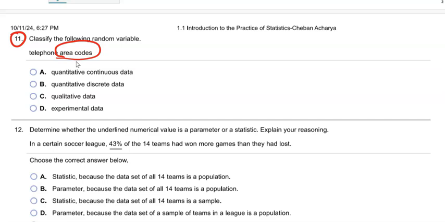It's not a numerical measure, though it is represented by numerical values. It is an attribute or characteristic. So question number 11, area code is qualitative data. So the answer is C, qualitative data.